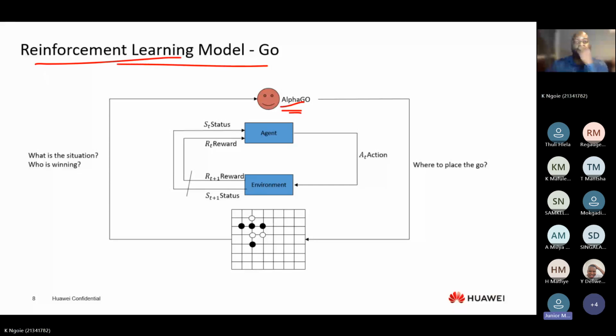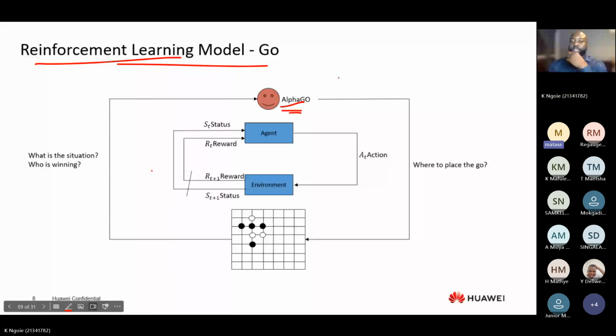The first AI to beat a human in a chess game. No. Anybody remember what AlphaGo is?